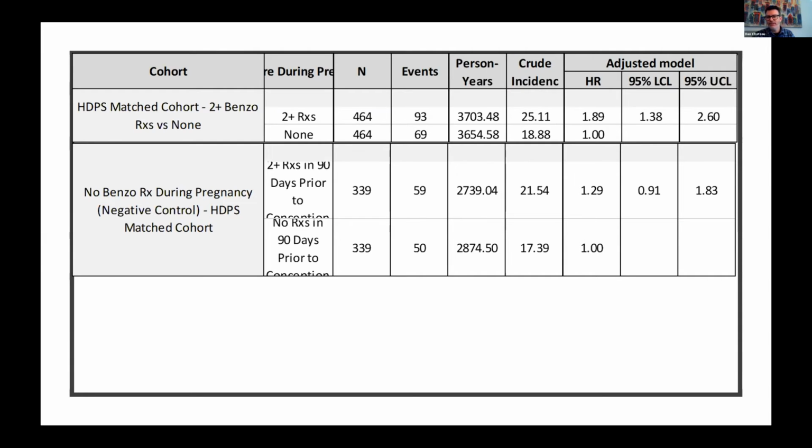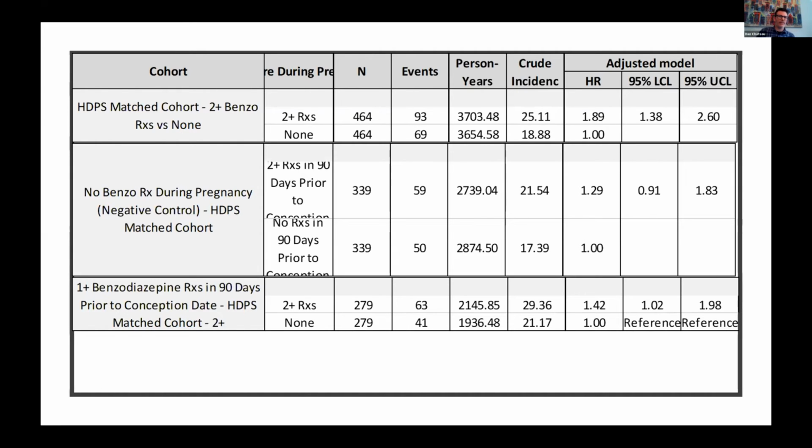We have to take the 1.89 a little bit with a grain of salt, but our confidence interval there can withstand this kind of residual confounding. Additionally, we looked at women who were using benzodiazepines immediately prior to conception. So they were all using benzodiazepines in the 90 days prior to conception, and then some of them continued to use benzodiazepines, some didn't.